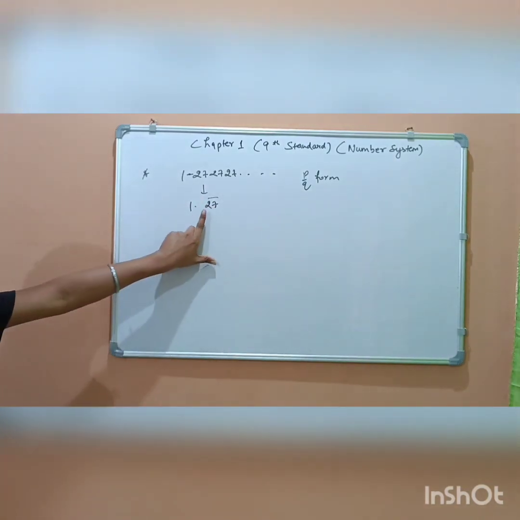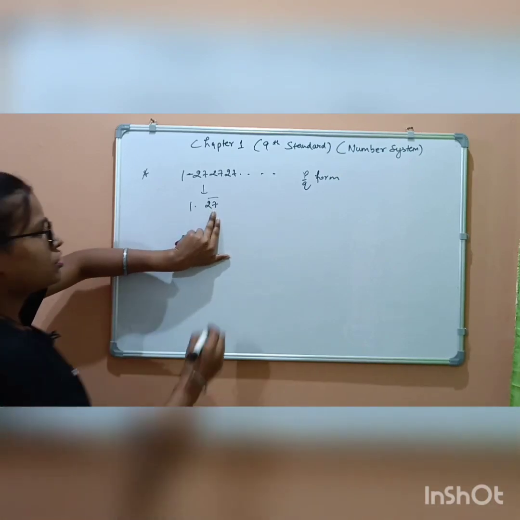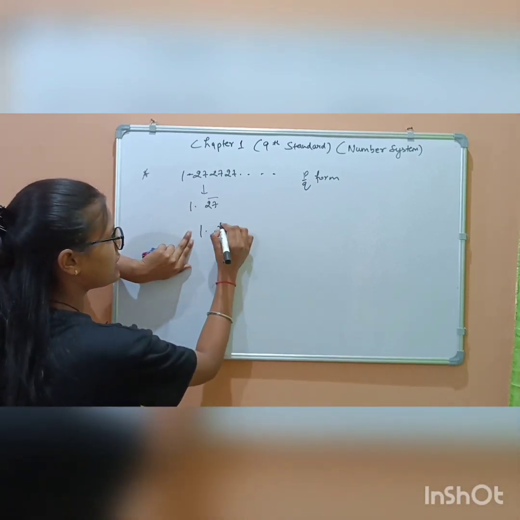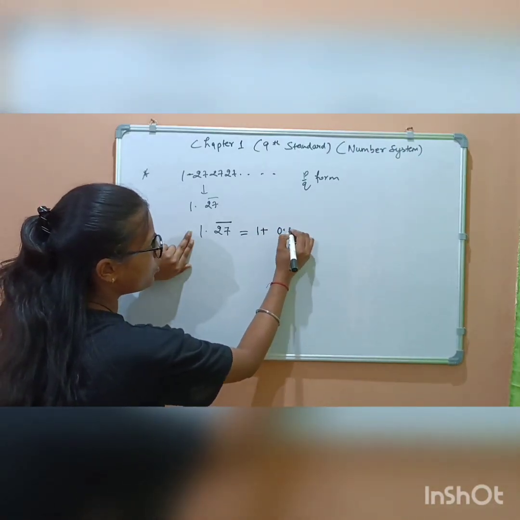Here 2 digits are repeating. Okay, so let me take this 1.27 bar. I can write it down as 1 plus 0.27 bar.